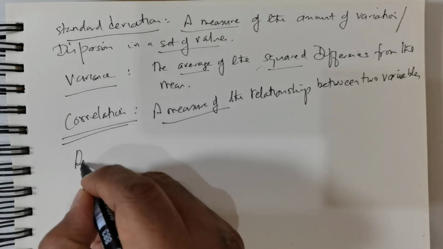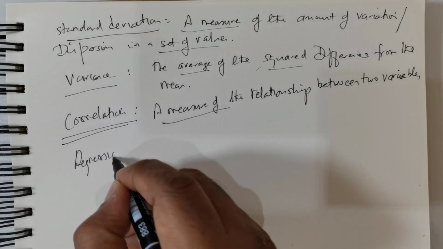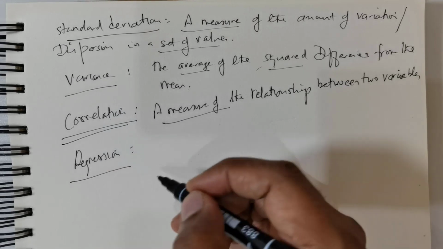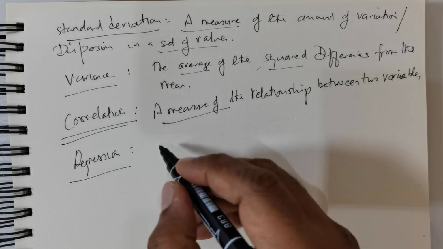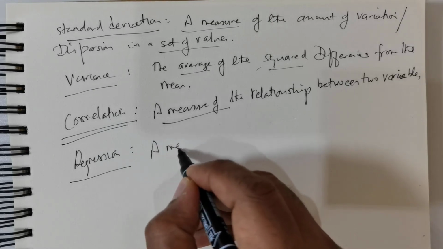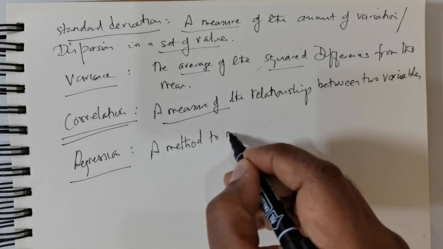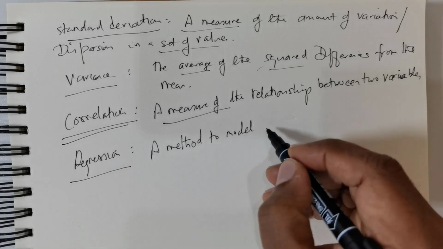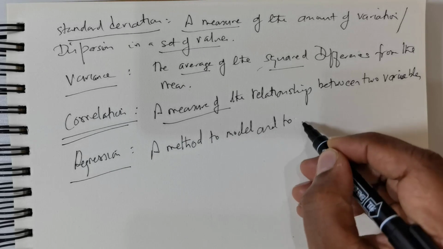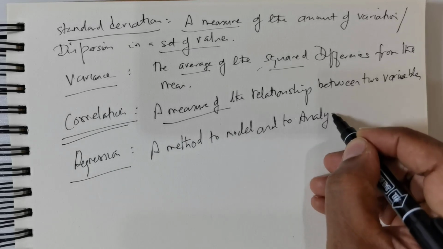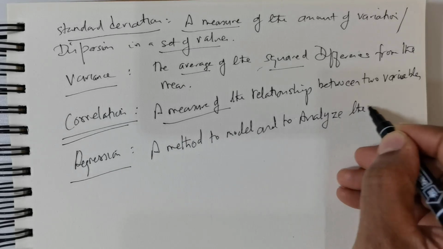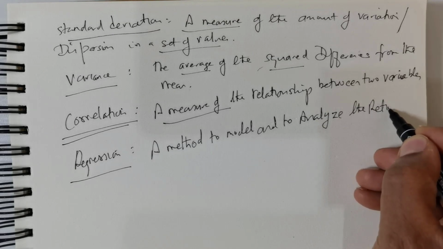Okay, the next is the all important term called regression. Now, this is a very important term, regression. This is nothing but a method, right? This is not a measure, but it's a method to model and to analyze the relationship between variables.